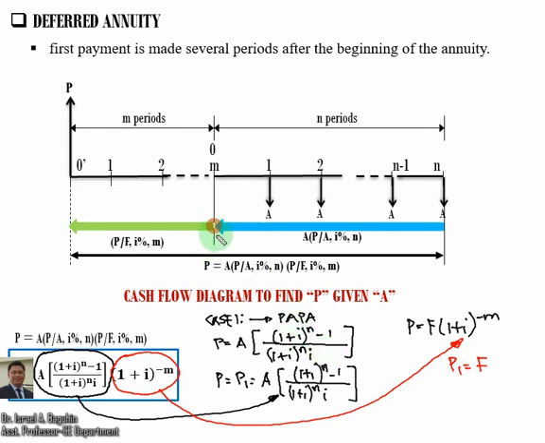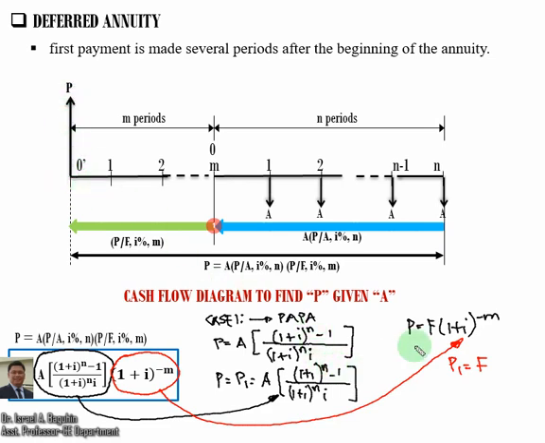The calculated P1 is equal to the future amount when you calculate the principal amount during these periods.